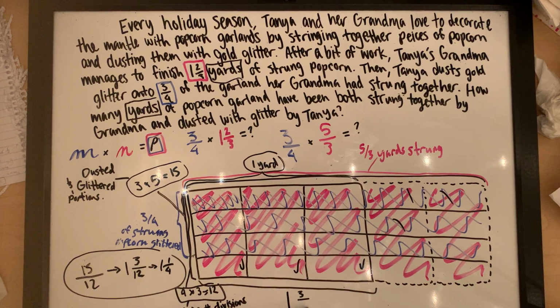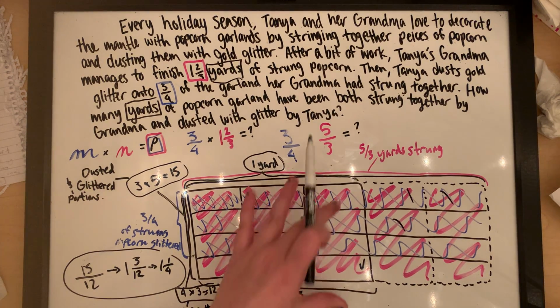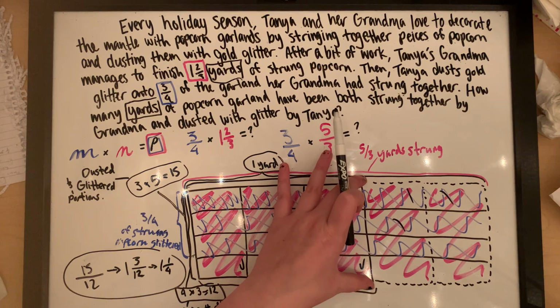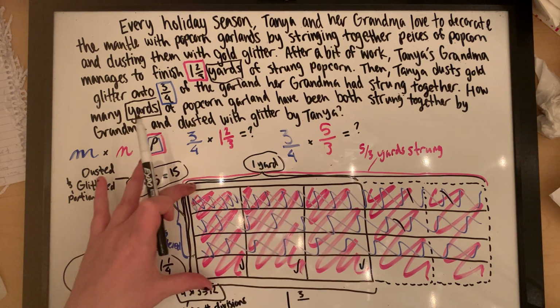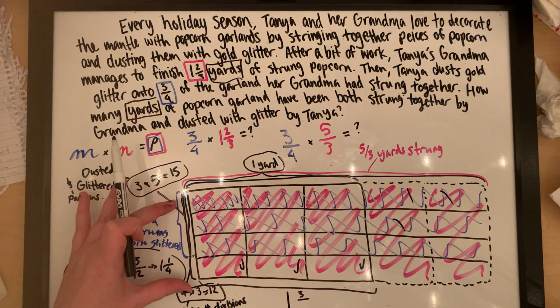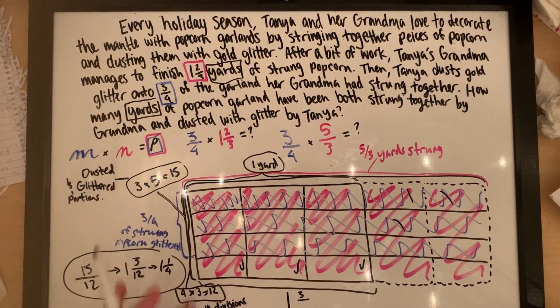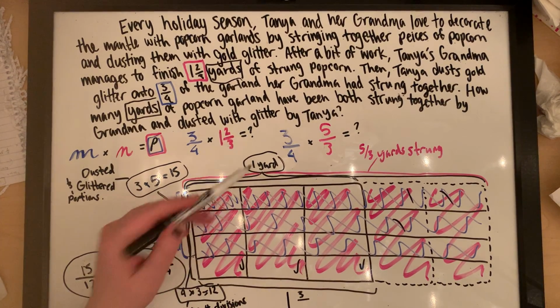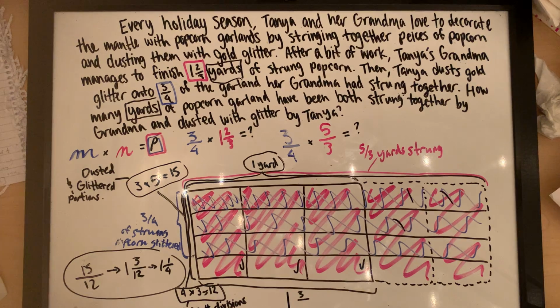We're going to keep our number of divisions regarding our 1 yard, which we know that 1 yard is divided into 12 sections. So that's one way we could do it.